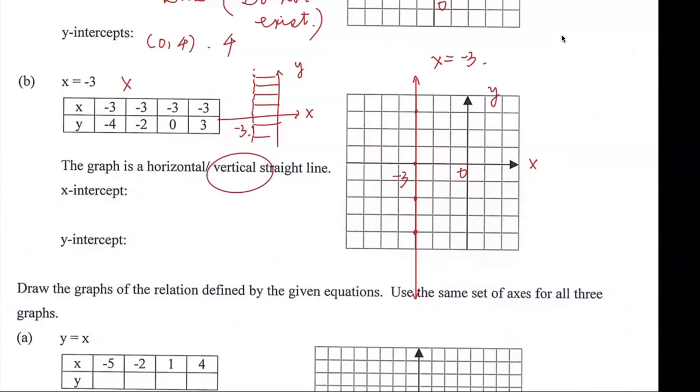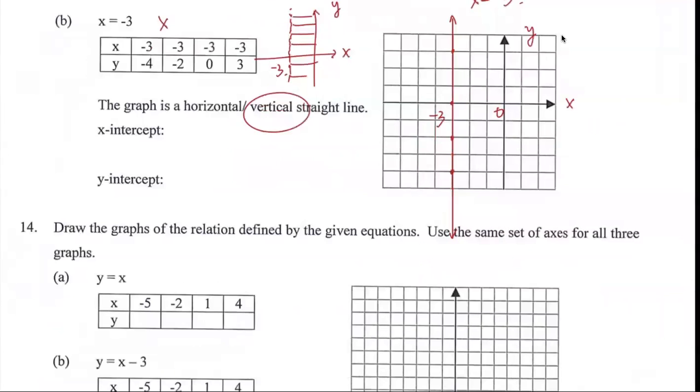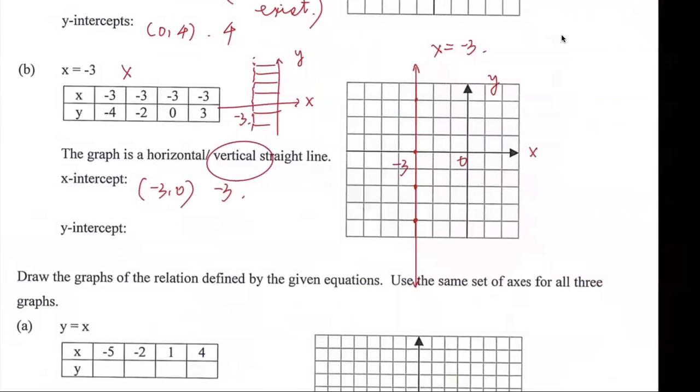And what about the x and y intercepts? For the x-intercept, we're looking for the intersection of the x-axis and the straight line. And we do have an intersection here, which is (-3, 0). So the x-intercept is (-3, 0), or minus 3. The y-intercept is the intersection of the straight line and the y-axis.